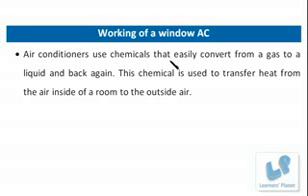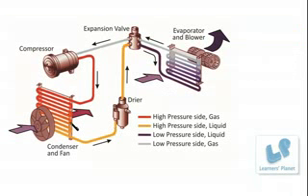Now here air conditioners use chemicals that easily convert from a gas to a liquid and back again. And this chemical is basically used to transfer heat from the air inside of a room to the outside air. So I would like to discuss with a picture. Here the machine has three main parts: a compressor, an evaporator, and a condenser.